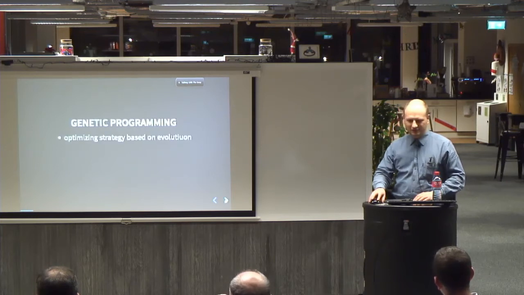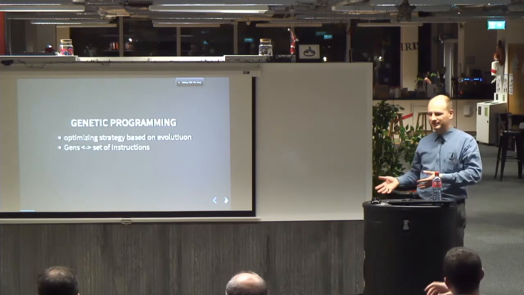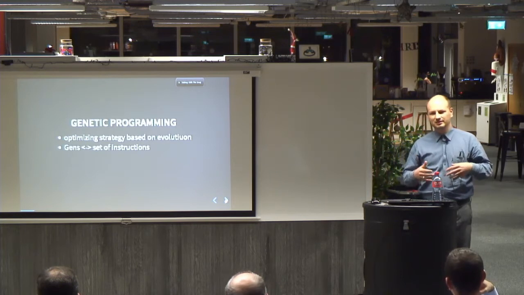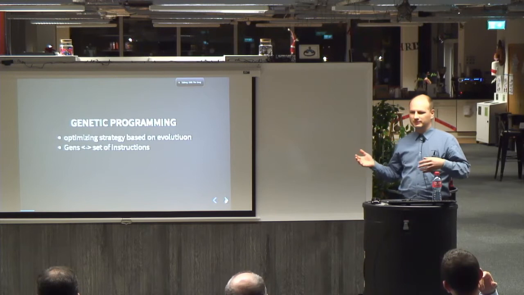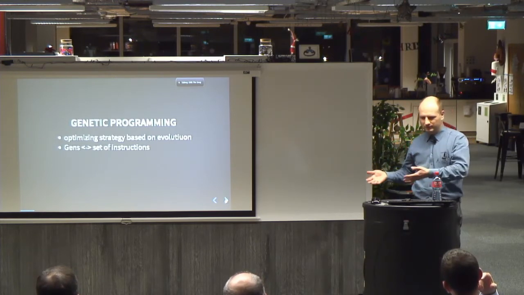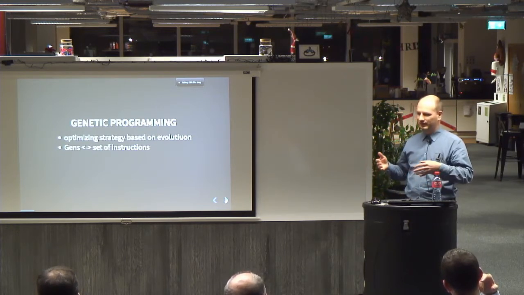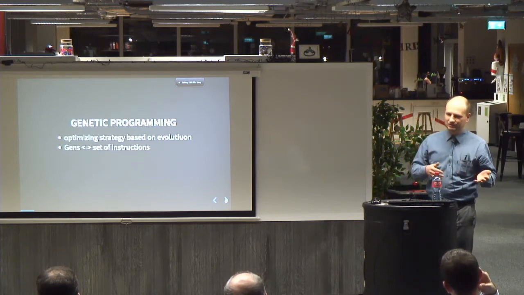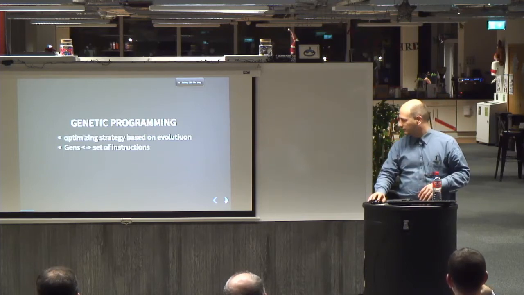So what is genetic programming? It's an optimization strategy which is using some ideas from the evolution theory, like the fittest individual gets the most new individuals, or the chance is much higher that he is populating the next generation, and ideas like mutation and mixing of genes.